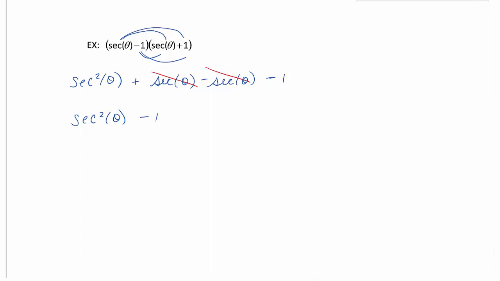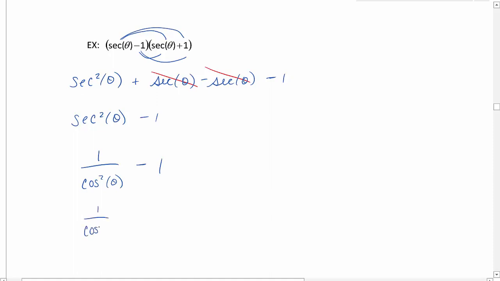So the first thing we could do is jump to rewriting secant in terms of cosine. Secant squared is going to be 1 over cosine squared. And then we want to simplify by adding or subtracting these two. So we'll have to get a common denominator of cosine squared.